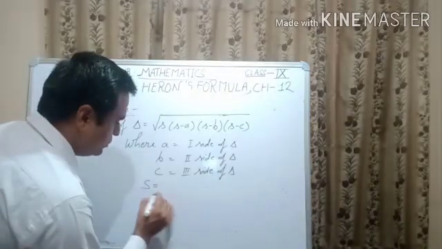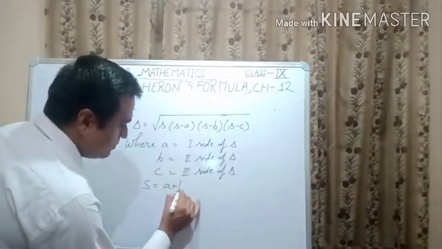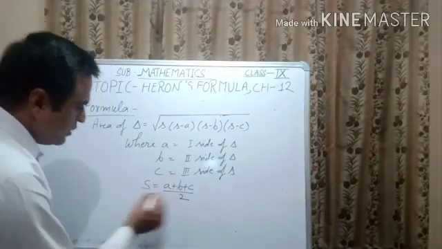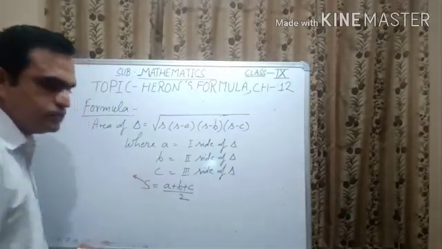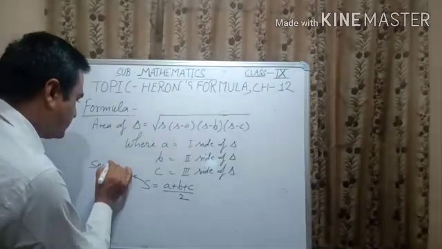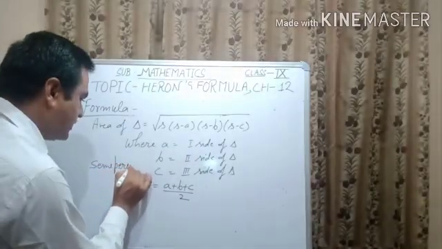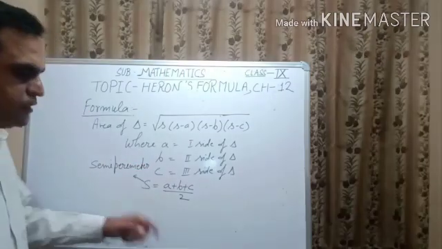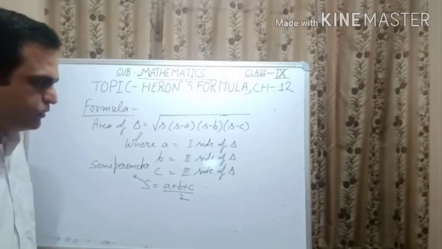S is equal to A plus B plus C upon 2. We can also use the term semi-perimeter for S. S is equal to A plus B plus C upon 2.